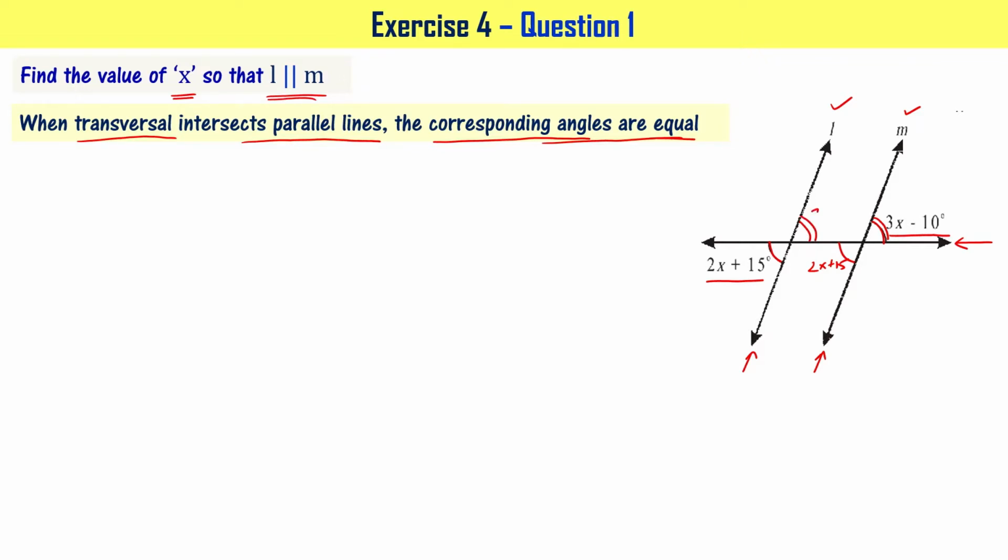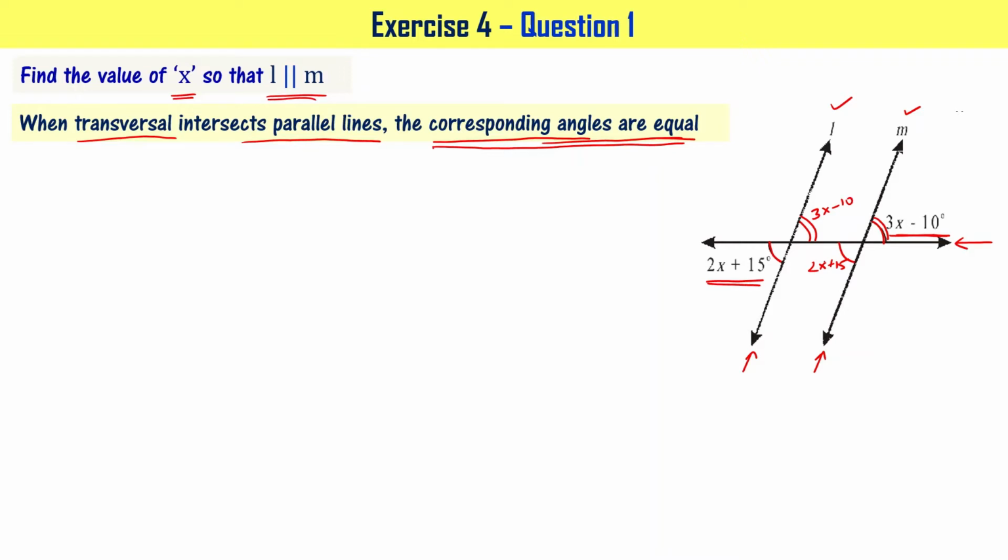That's why let me write this as 3x minus 10, right? Now we have angles 2x plus 15 and 3x minus 10 written in the other place also, right? Those are the corresponding angles of the given angles, 2x plus 15 and 3x minus 10.